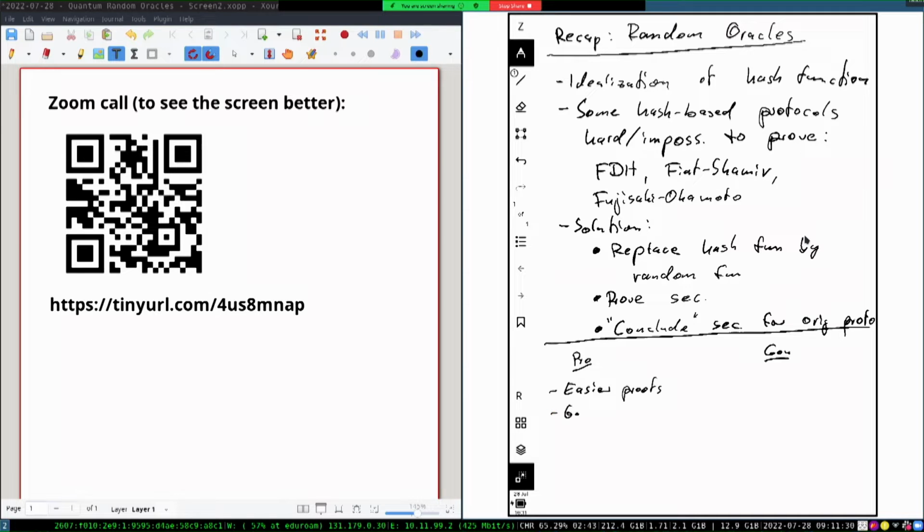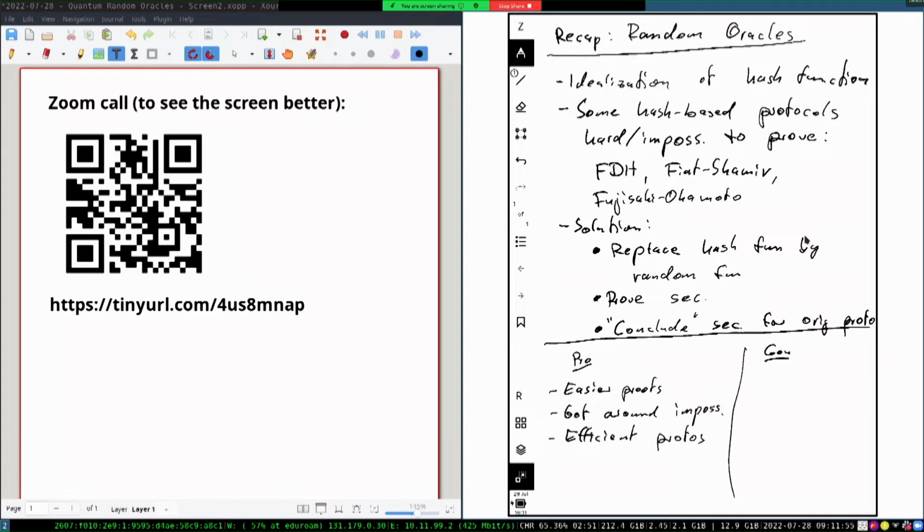It gets around impossibilities. There are a lot of impossibility results that we can circumvent with this. And we tend to get very efficient protocols as compared to trying to make constructions without random oracle. It's always nicer if you can do it without random oracle, but sometimes the price to pay is too big.